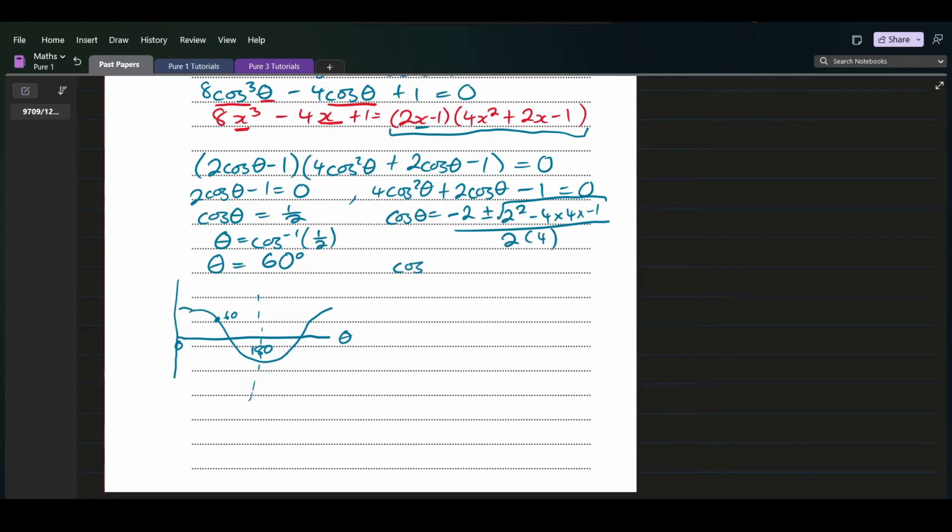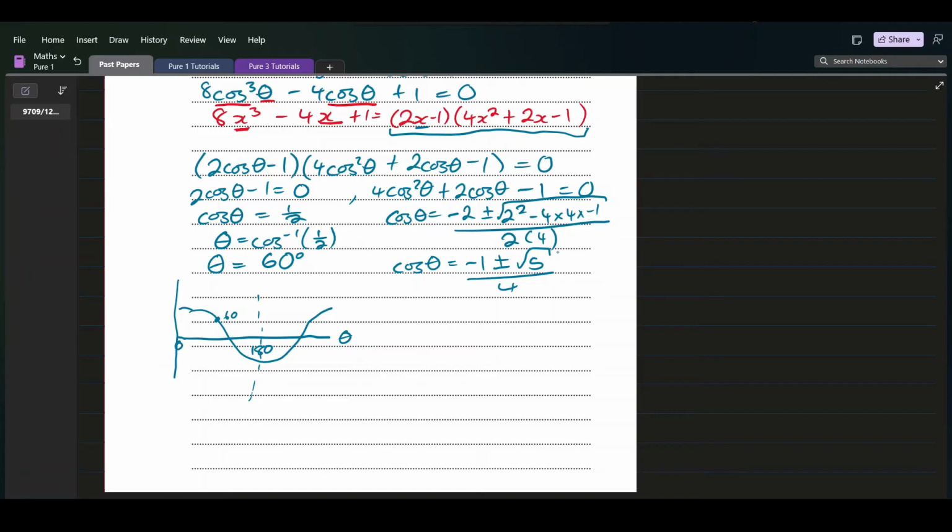So cos theta is equal to, let's punch this into a calculator, that's minus 2 plus the square root of 2 squared minus 4 by negative 1 over 2 times 4. And that gives us cos theta is equal to negative 1 plus or minus root 5 over 4.